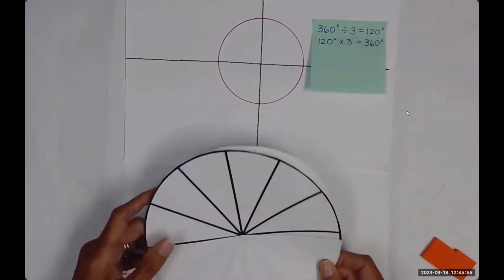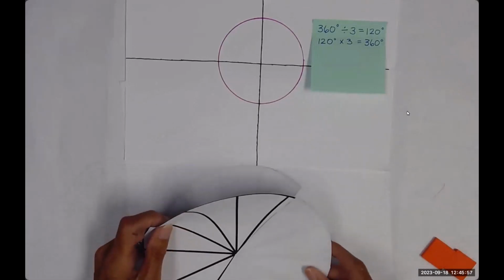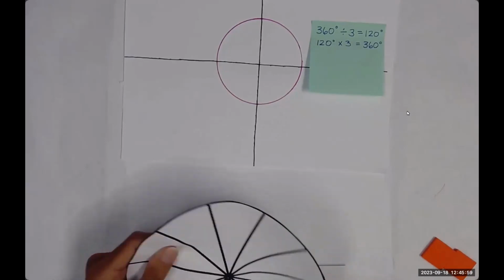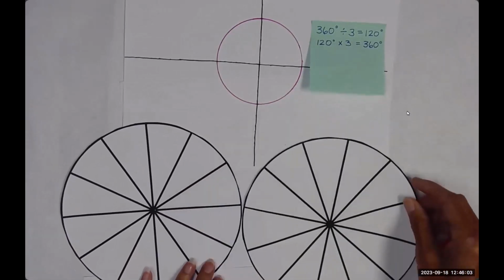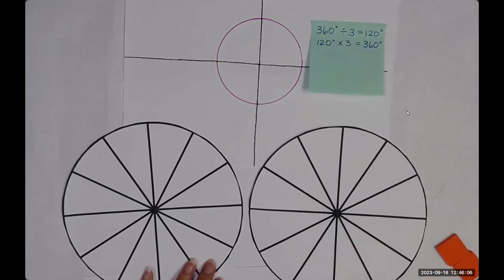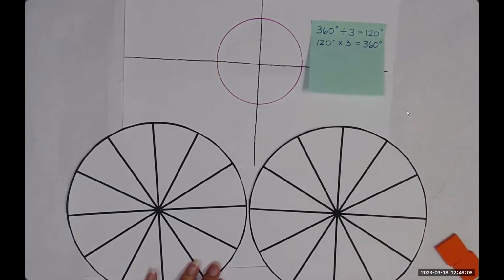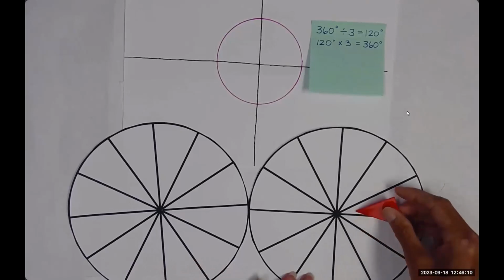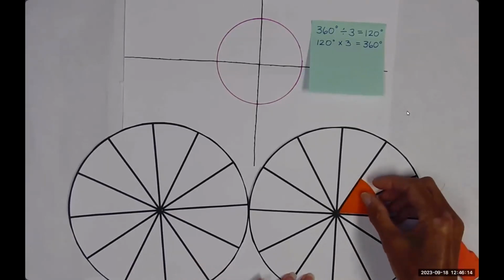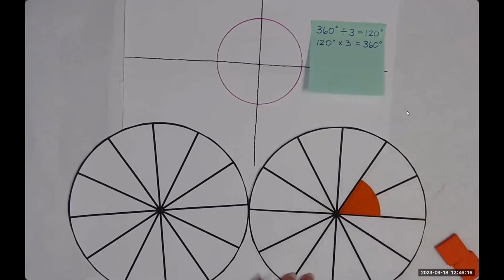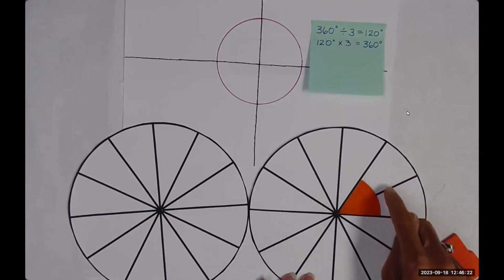You could do the same work with 12ths. And 12ths is related to the clock because there's 12 hours on the clock. So 12ths is good to use with pattern blocks and fraction pieces. So if I place, let's say, that piece here, I can see that this orange pattern block piece, which is 1/6 of the circle, is made up of these two wedges.